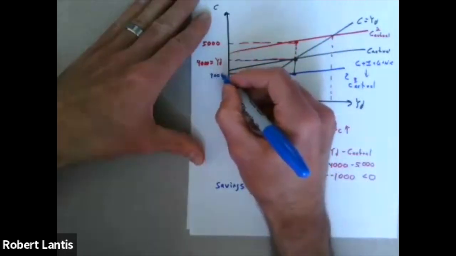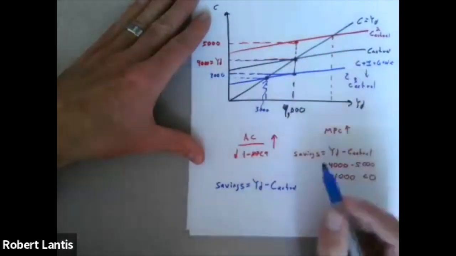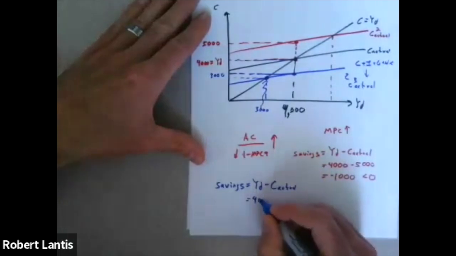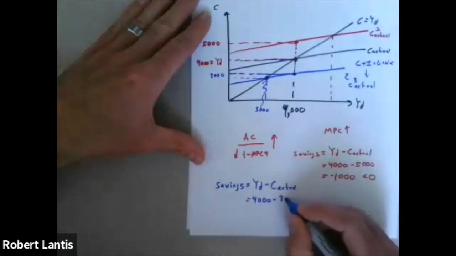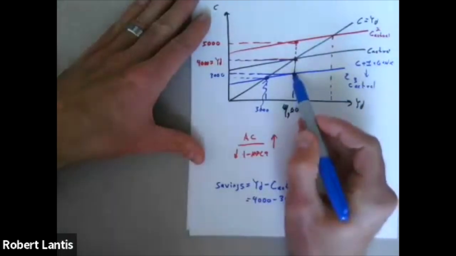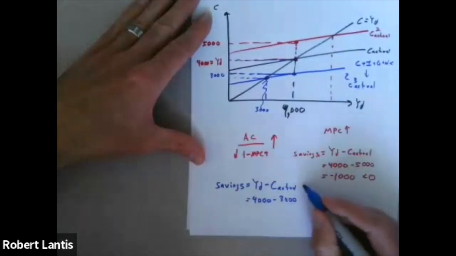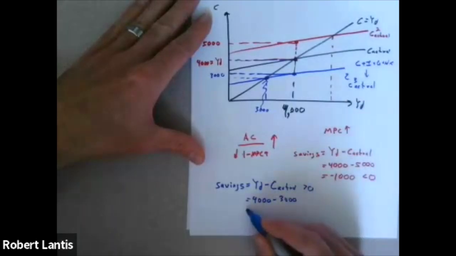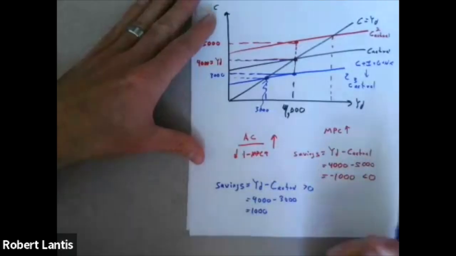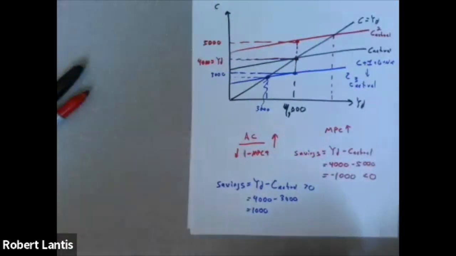Just to put a value to it, we can think of 3,000 here. Now 4,000 minus 3,000; we know the actual consumption is less than disposable income, so we should have something positive. Sure enough, it's 1,000, which is greater than zero.